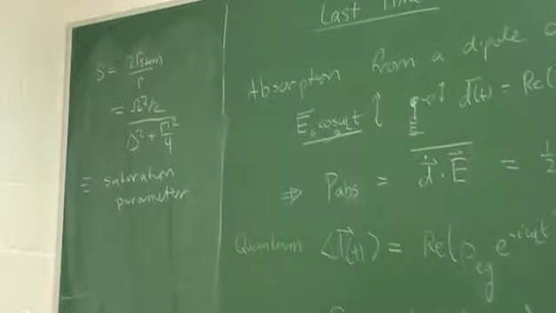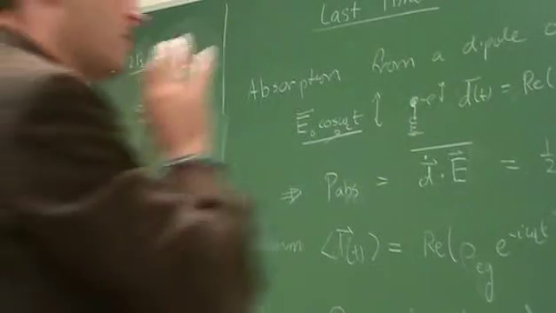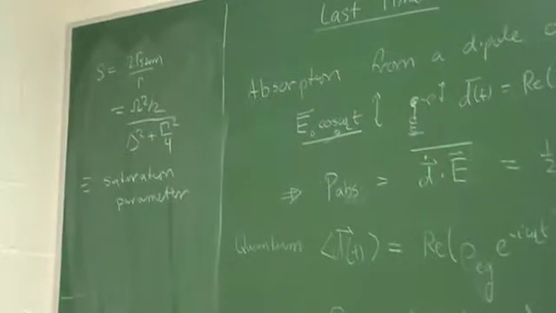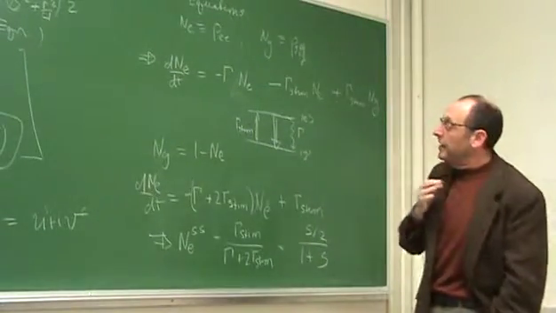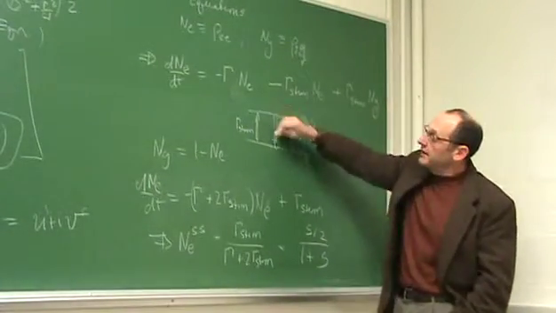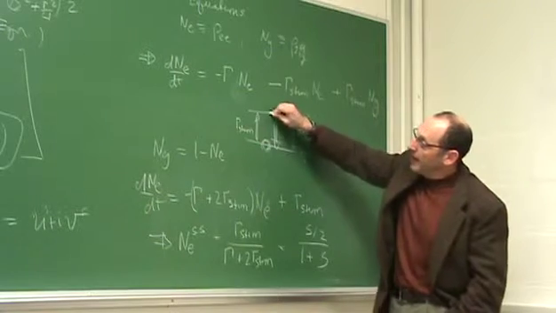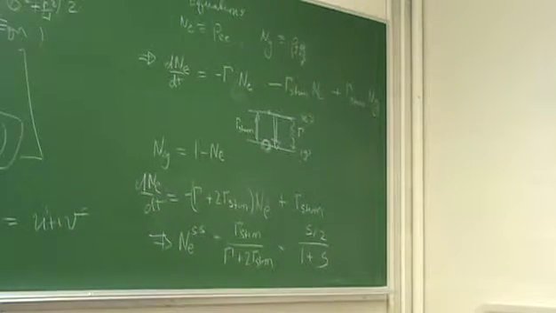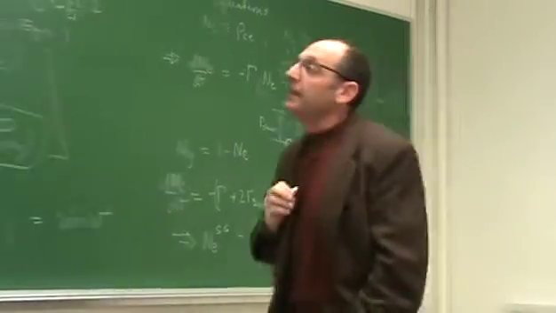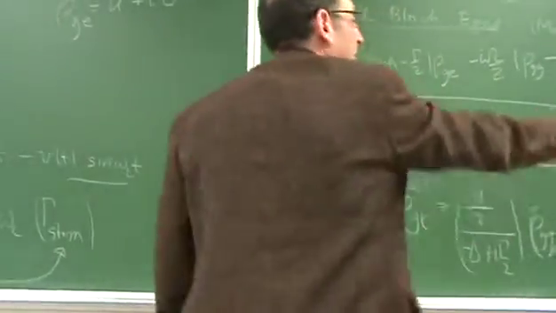So the saturation parameter is a very important parameter in thinking about absorption and emission of light by atoms, because it tells us, in some sense, how strongly we are driving the system. The amount of population, if I start in the ground state, that I drive into the excited state depends on the saturation parameter.